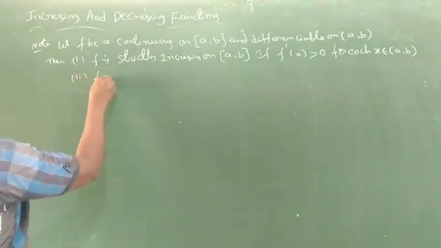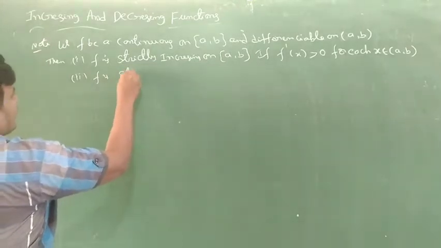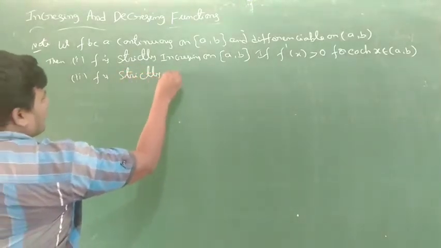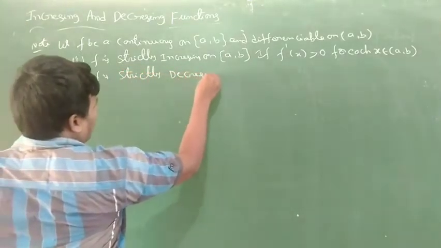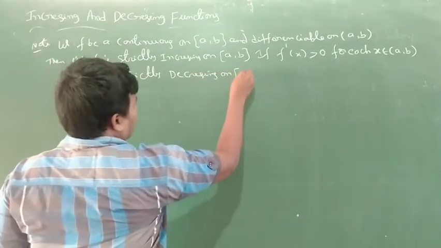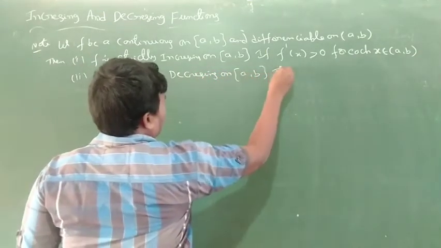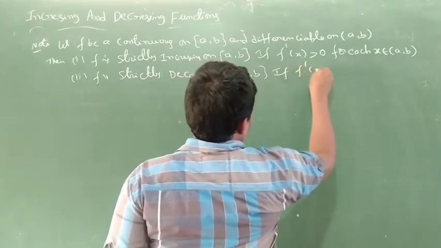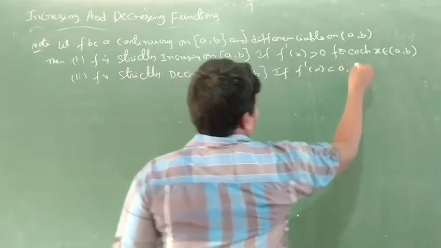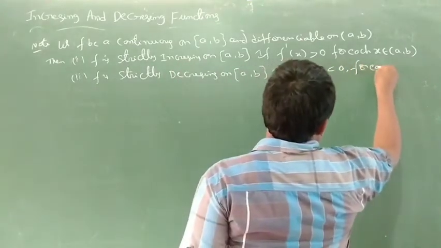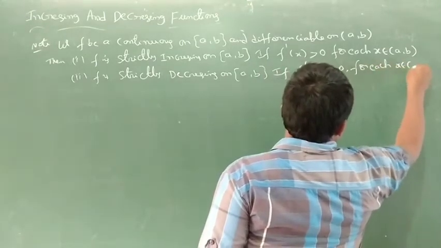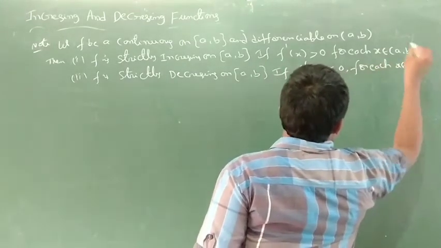Second, f is strictly decreasing on the closed interval a comma b if f dash of x less than 0 for each x belonging to the open interval a comma b.